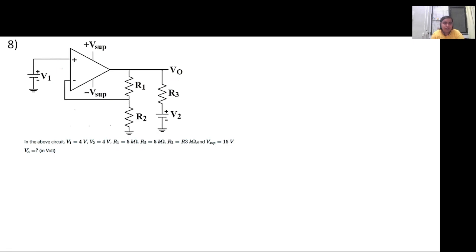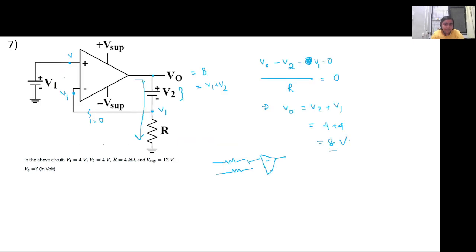Ma'am, excuse me. In the previous question, while applying KCL at V1, you have applied KCL at V1, right, ma'am? How was this equation written?